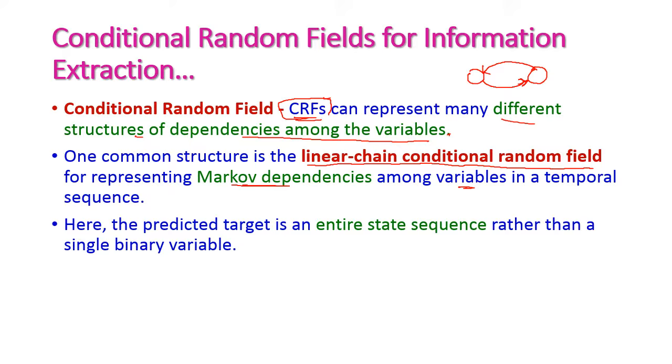Markov dependencies are available in a temporal sequence, so this is one of the temporal learning models. It represents how the variables depend on each other, and the predicted target is an entire state sequence rather than a single binary variable. So the target is the entire state sequence.